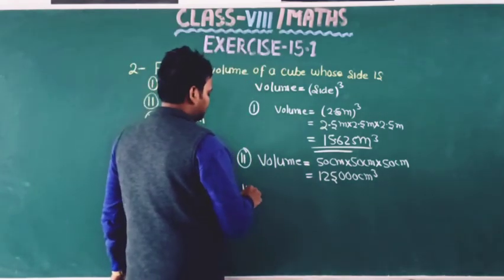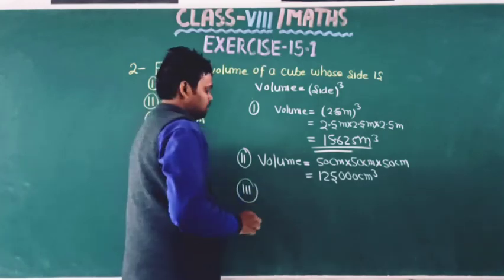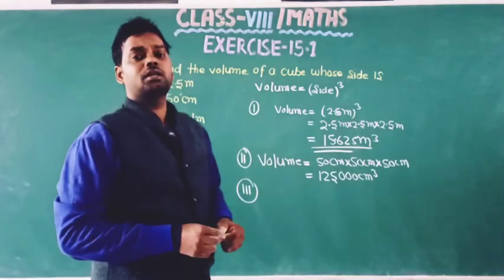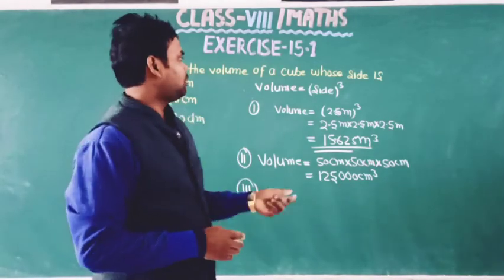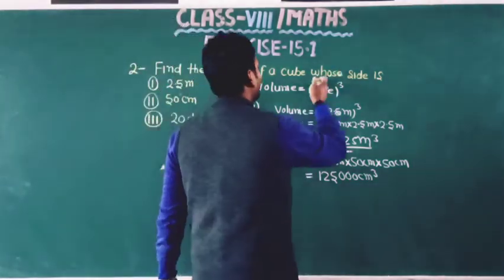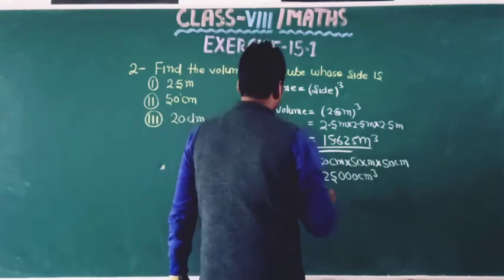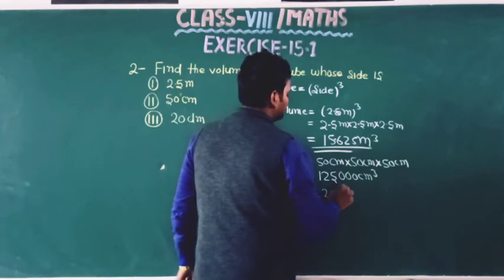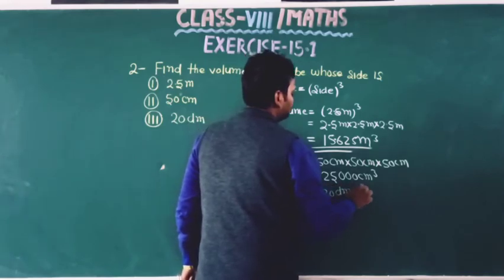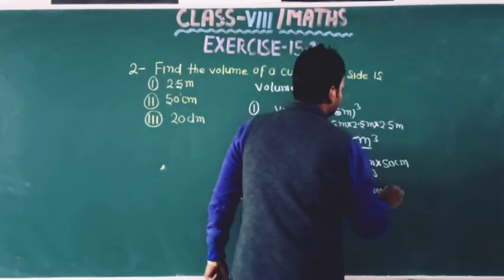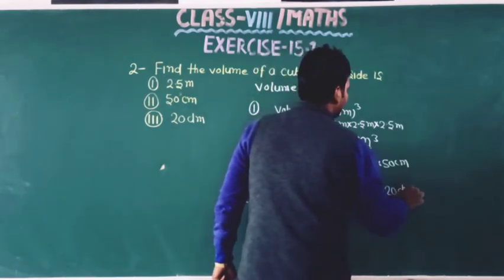The third part, whose side is given as 20 decimeter. So the volume of the cube would be equal to 20 decimeter into 20 decimeter into 20 decimeter.